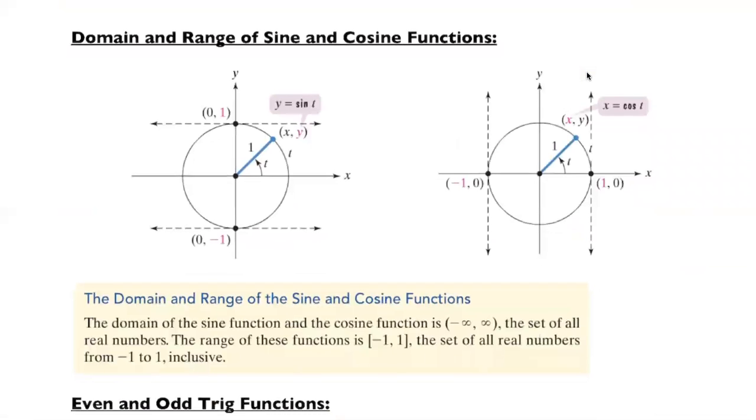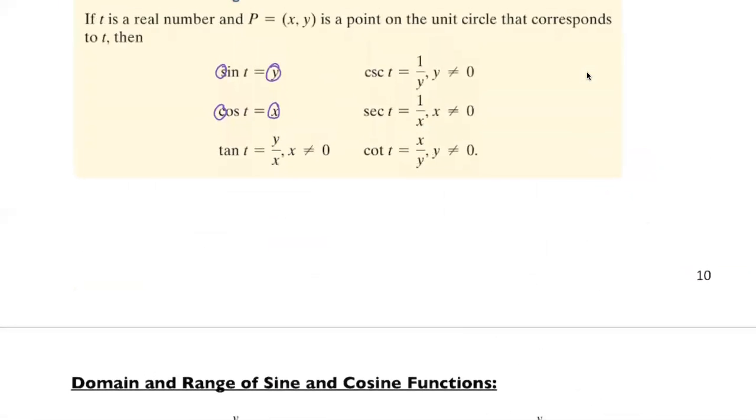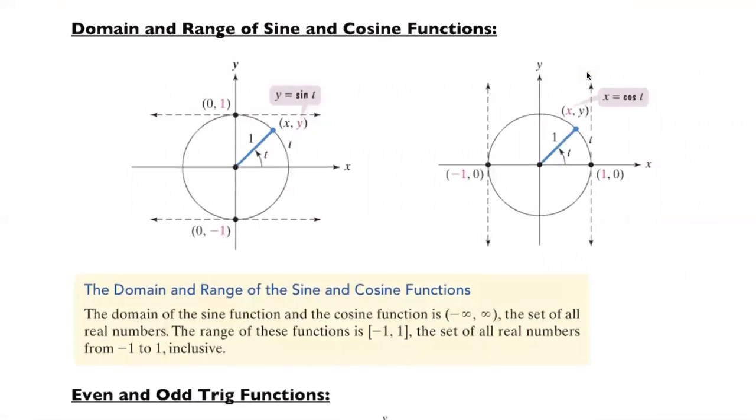Now, the domain and the range of the sine and cosine functions is important to consider. So if we think of the function in terms of y equals the sine of t, that's what we just talked about here with these 6 ratios. If y equals the sine of t, because the circle has a radius of 1, that means we restrict the y value between -1 and +1.